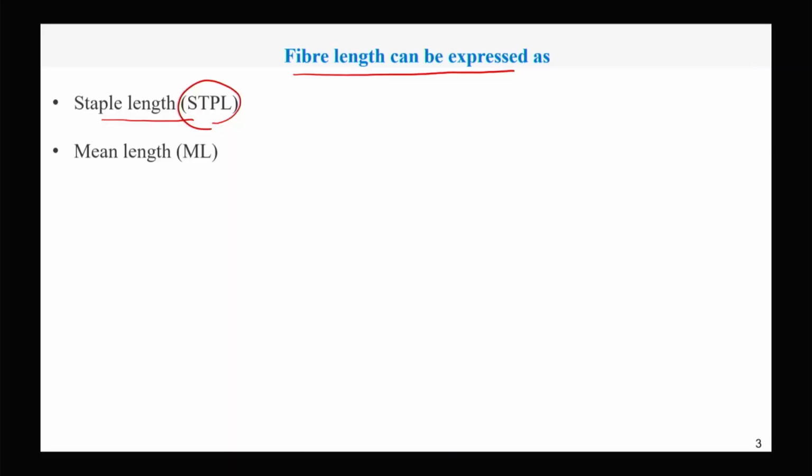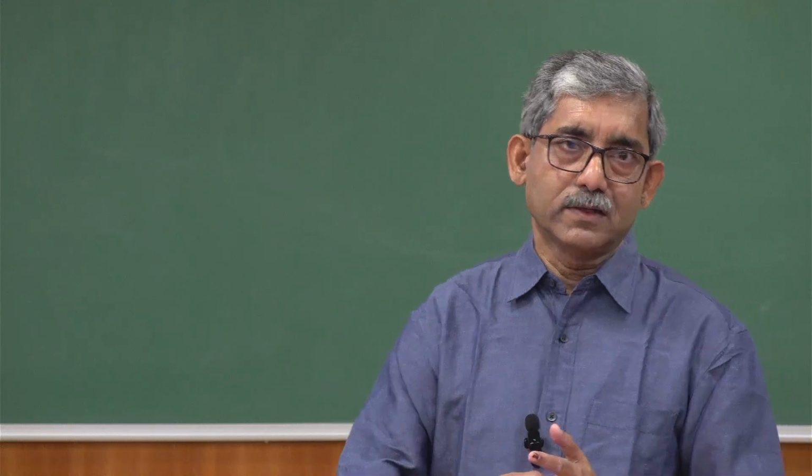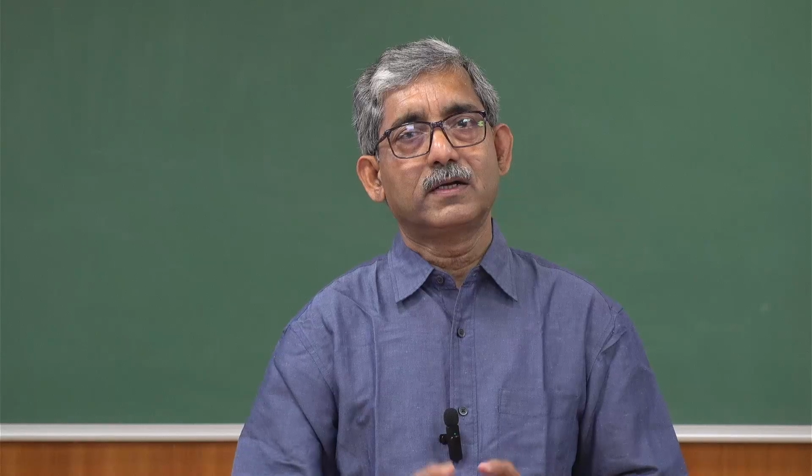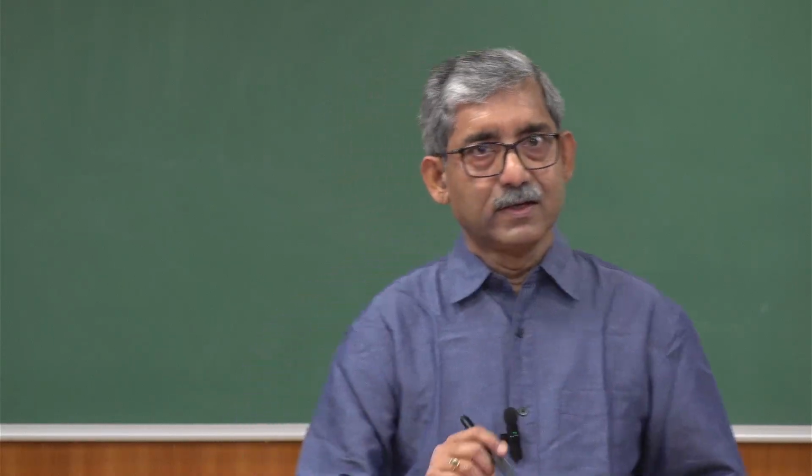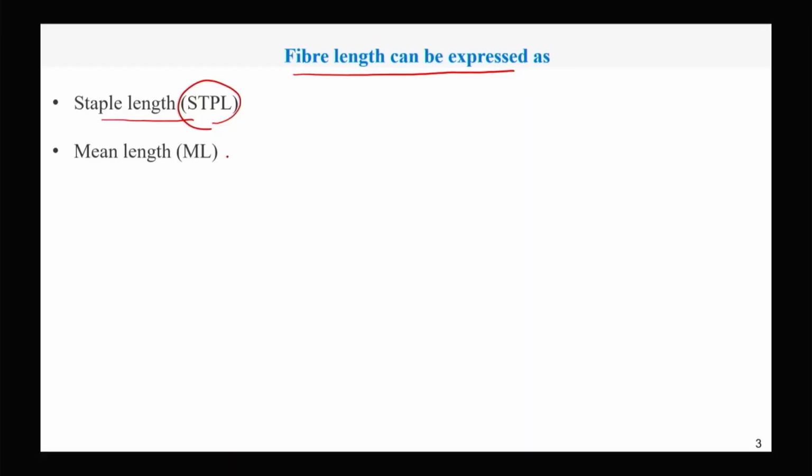Mean length. This mean length depends on the definition of mean length, depends on the type of test. Like in comb sorter, the definition of mean length is different from fibrograph.